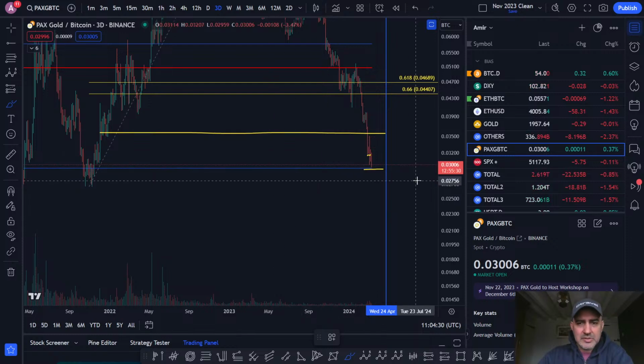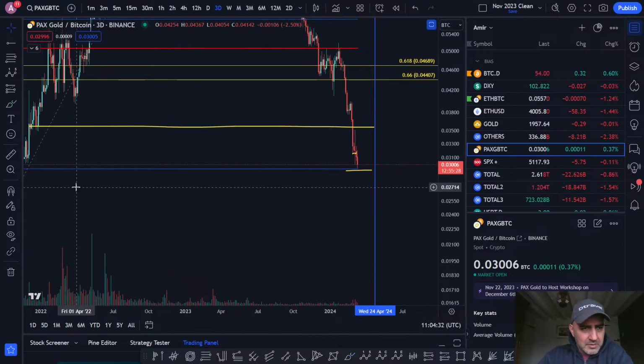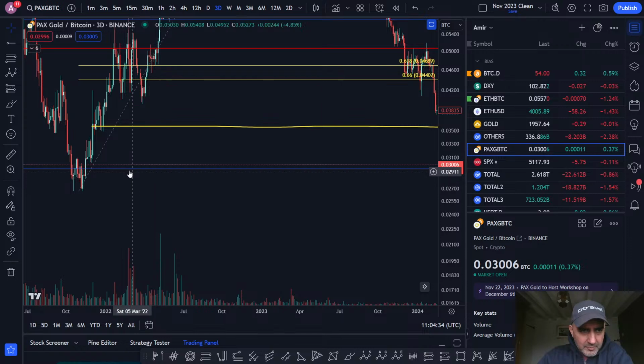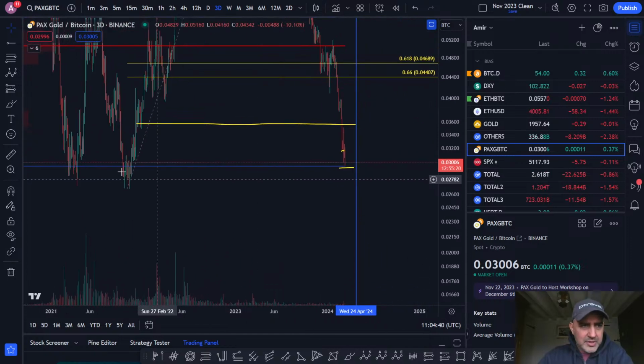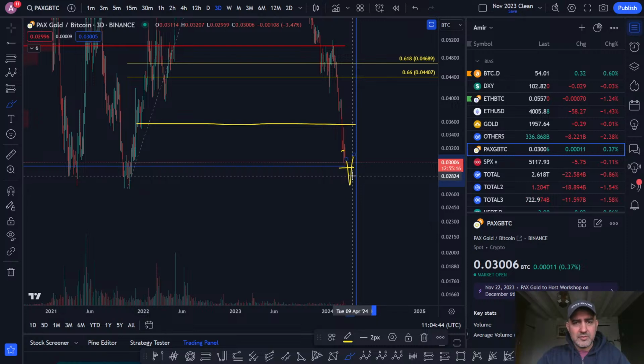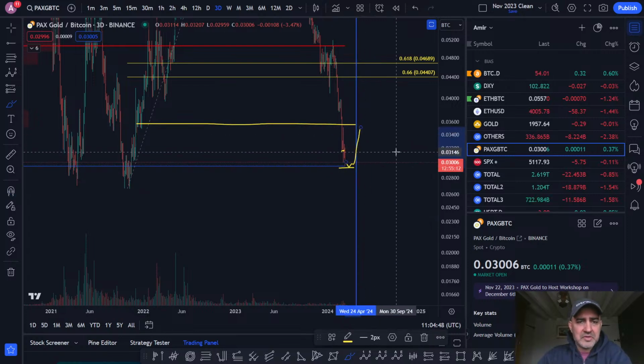Now this is just a volume level. We're still underneath these lows here, and are we gonna go down and up? I don't know. Or are we just gonna find support here to go back up? I don't know.